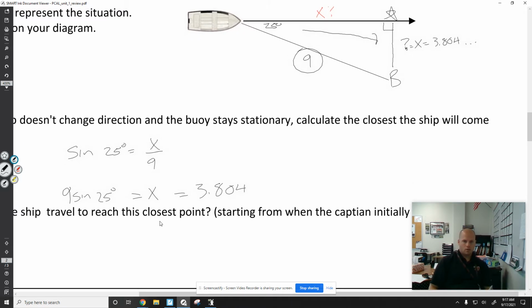You can use the fact that you already know this vertical distance and you know the hypotenuse, and you can use the Pythagorean theorem. So we have the 3.804 number, the entire number squared, plus my new x that I'm trying to find. Let's call this d or something. That way we don't get confused.